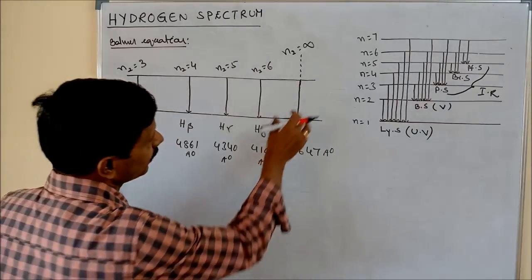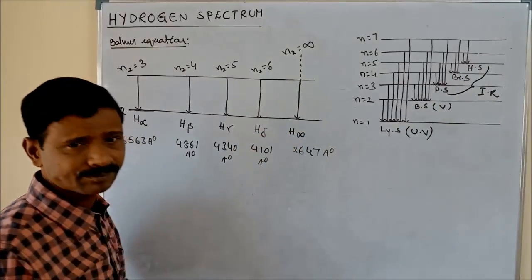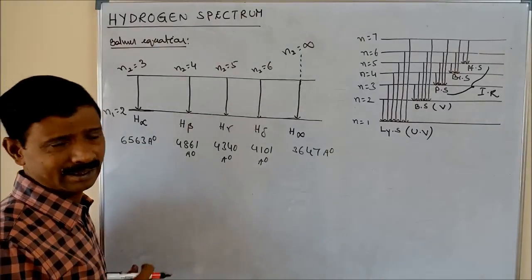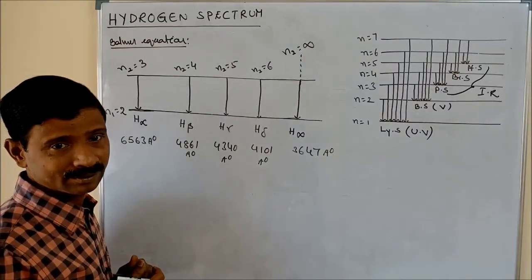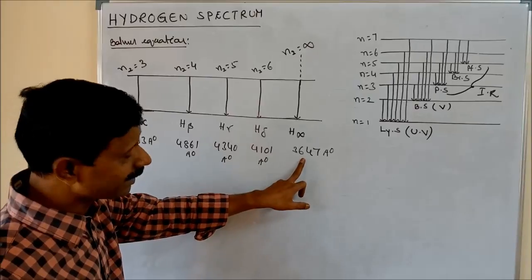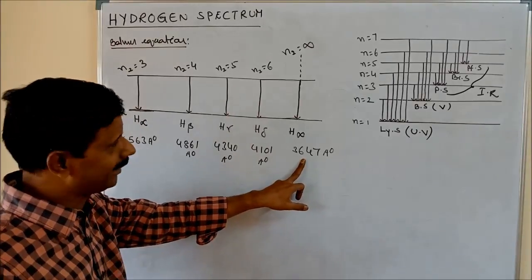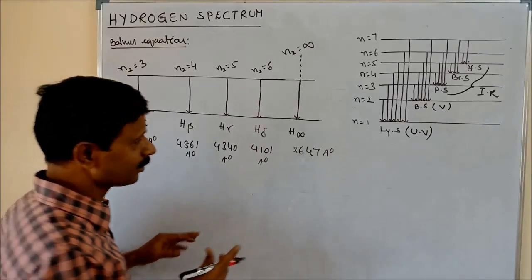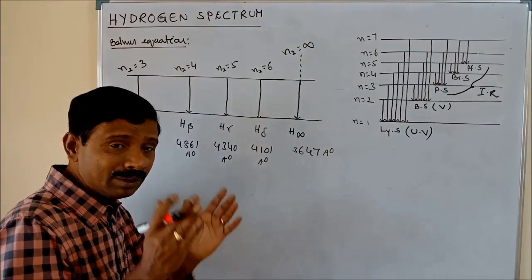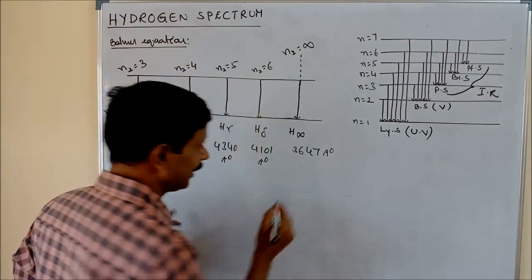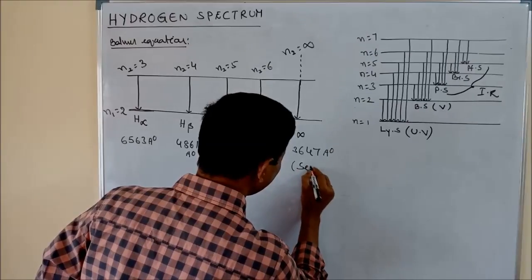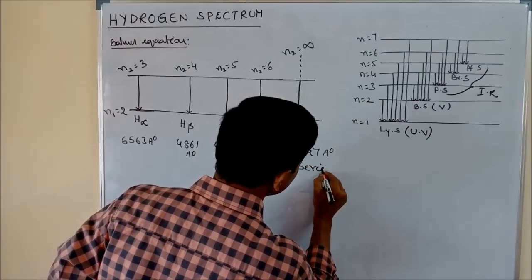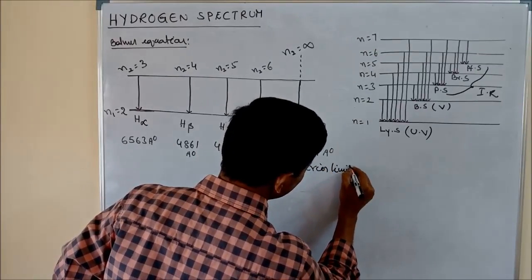And here, if you observe this last line, in this last line N2 is infinity. That means this is the least or minimum wavelength in this series. So in any series, the minimum wavelength that we are observing is called the series limit.